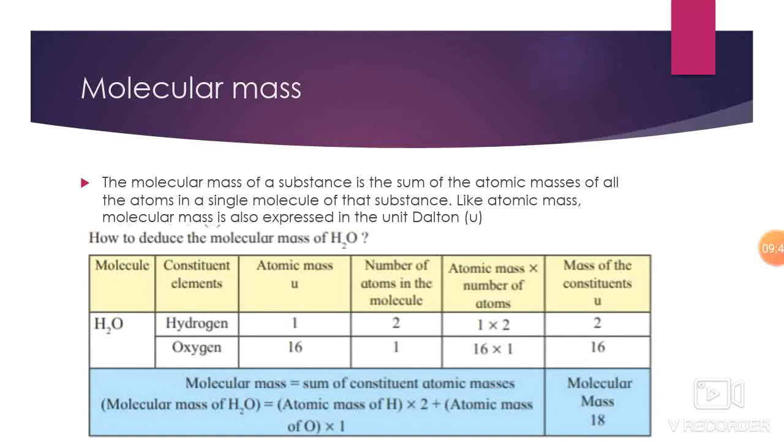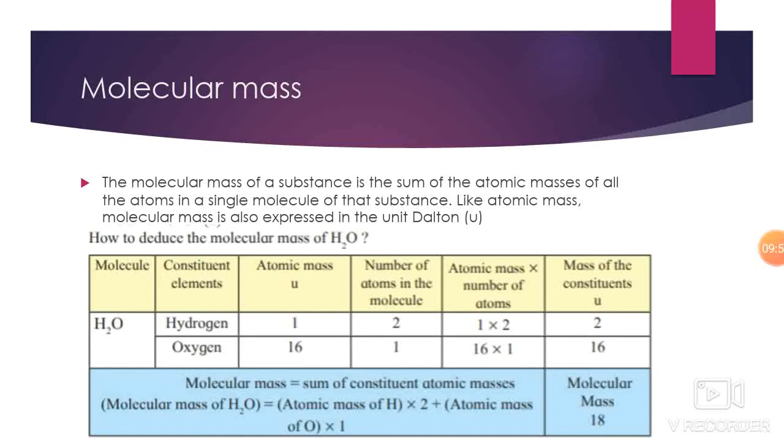In it we take a compound, just as I have given an example of H2O. We will consider the atomic mass of H and also the atomic mass of oxygen, and we will add them.